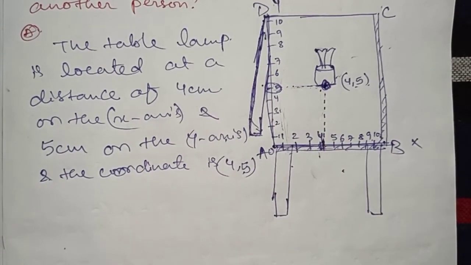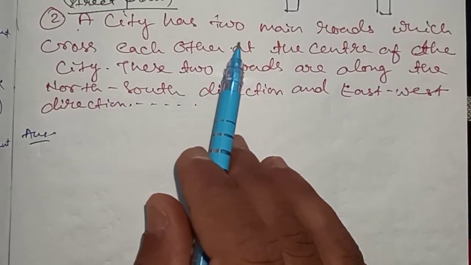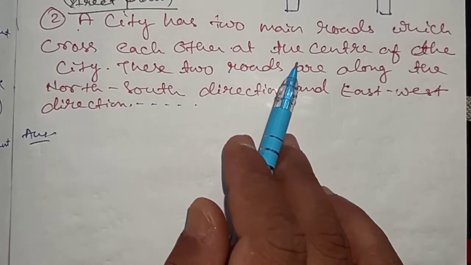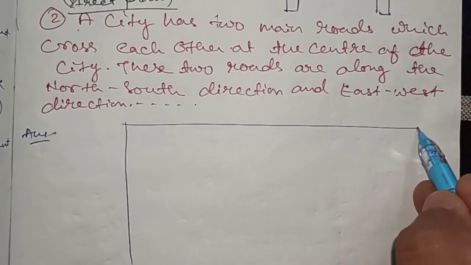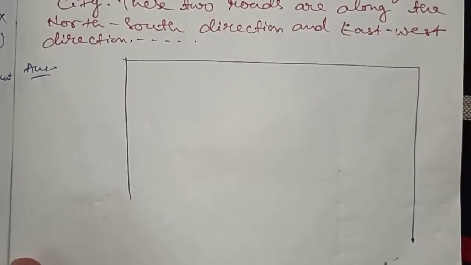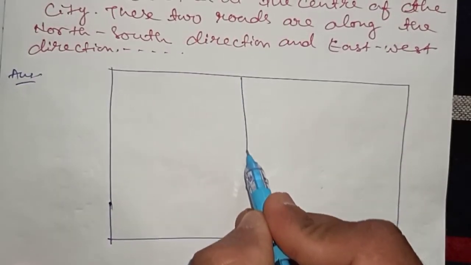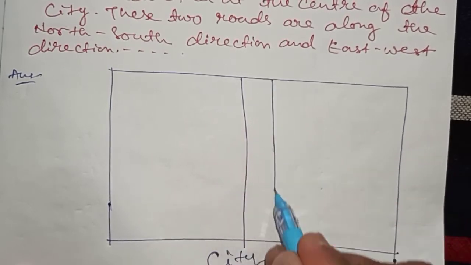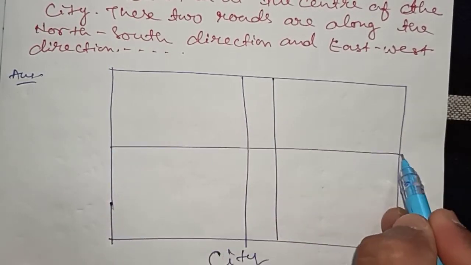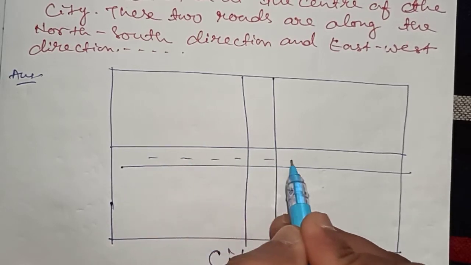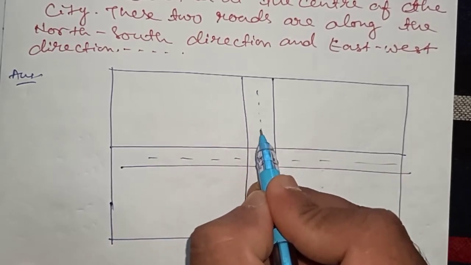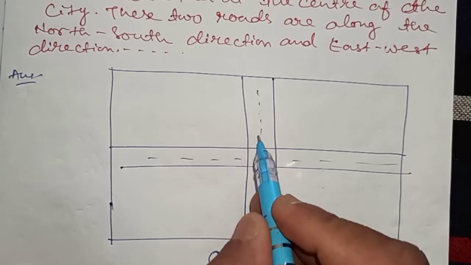Next question. In question number 2 it is given: a city has two main roads which cross each other at the center of the city. So suppose we assume that this is a city. There are two main roads which cross each other. This is a main road and this is one more main road which cross each other at the center.